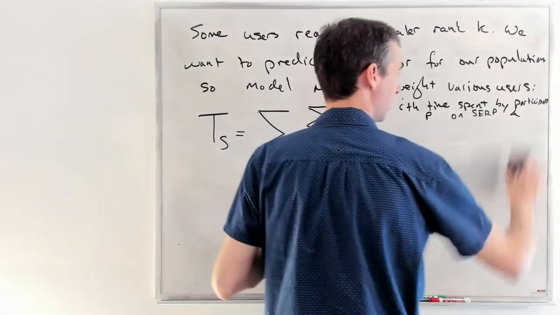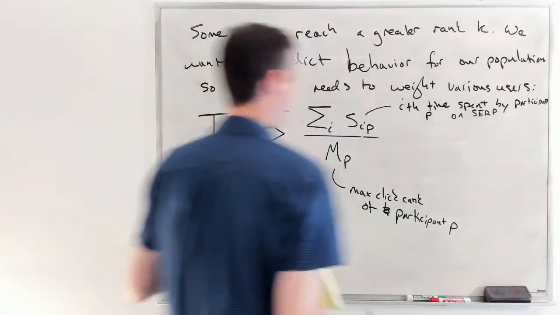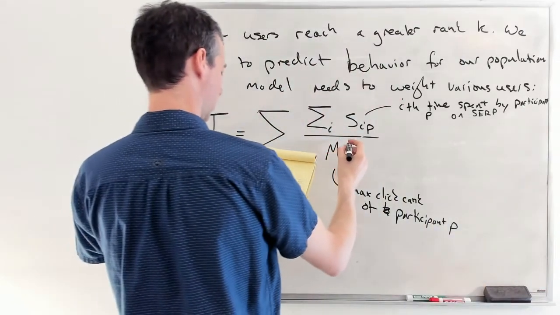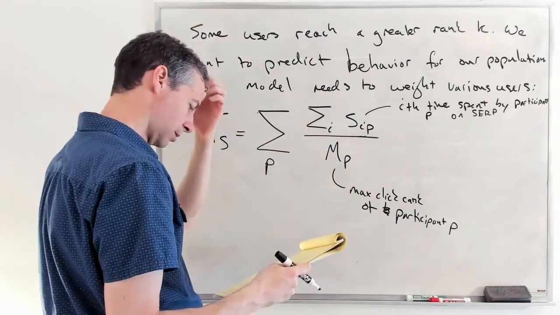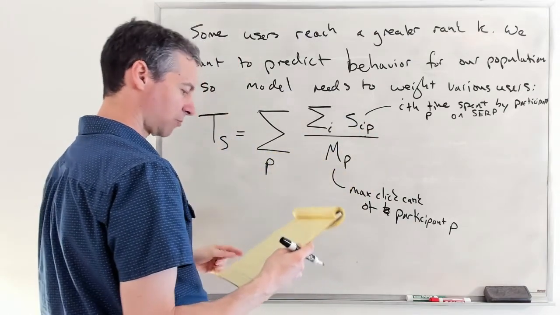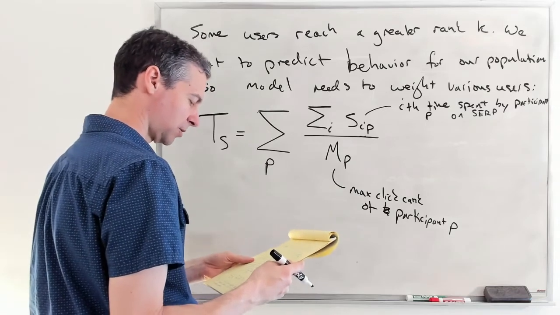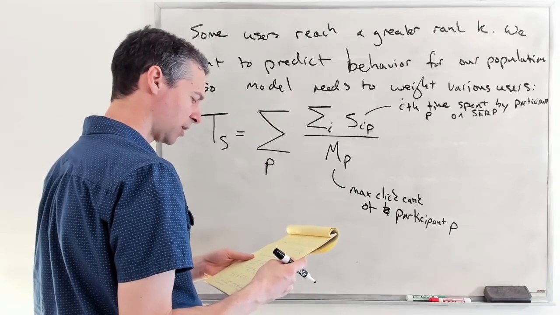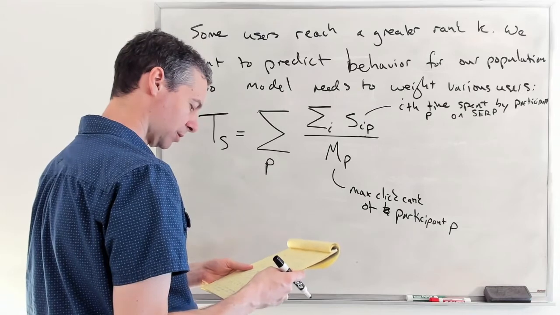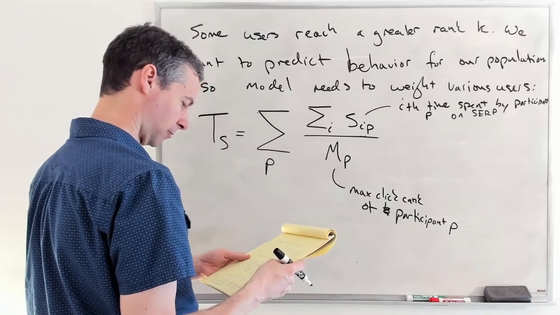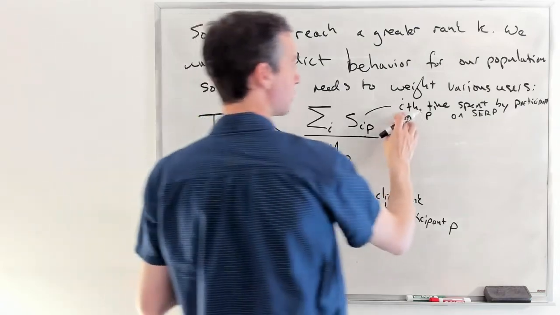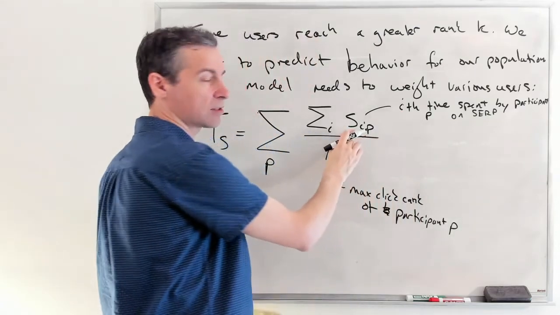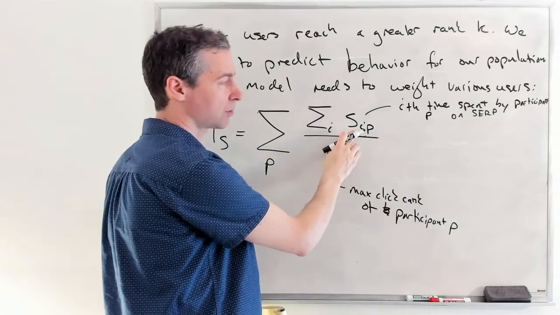All right, so this is the amount of time spent looking at the SERP. They've done this numerous times, and we're going to sum up all those times. Oh, sorry, each one of these is a viewing of the search engine results page.